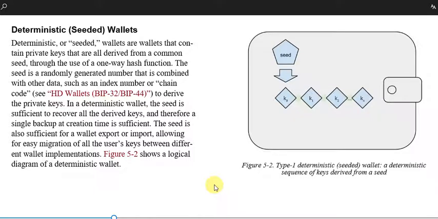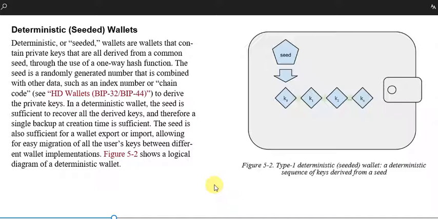Deterministic (seeded) wallets. Deterministic, or seeded, wallets are wallets that contain private keys that are all derived from a common seed, through the use of a one-way hash function. The seed is a randomly generated number that is combined with other data, such as an index number or chain code, to derive the private keys.